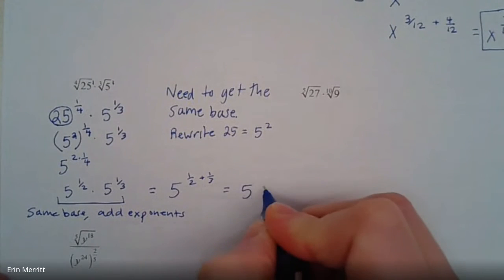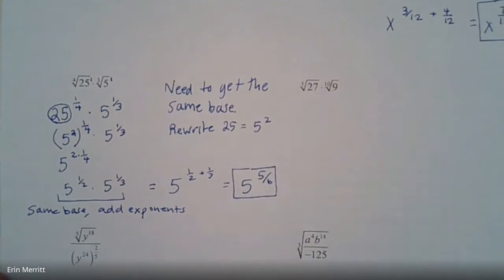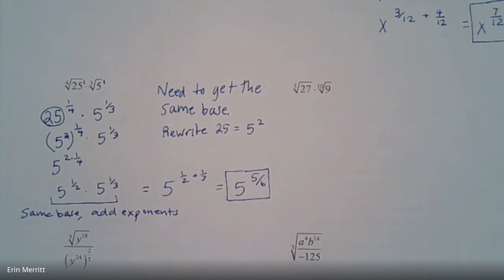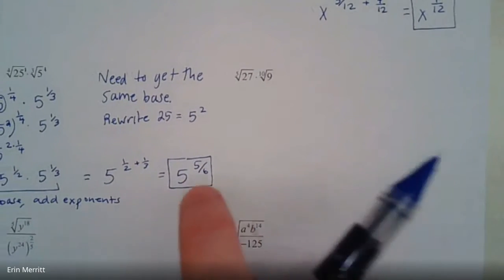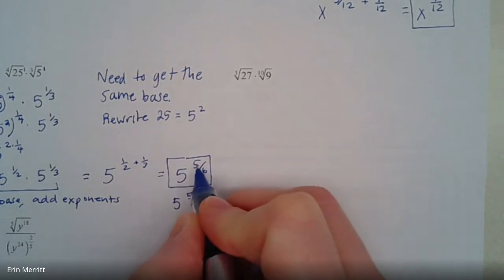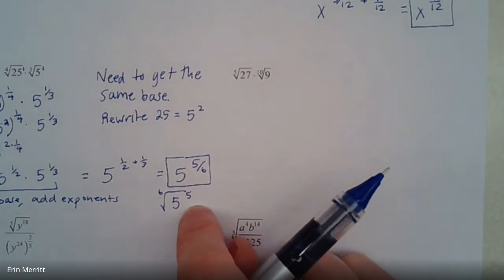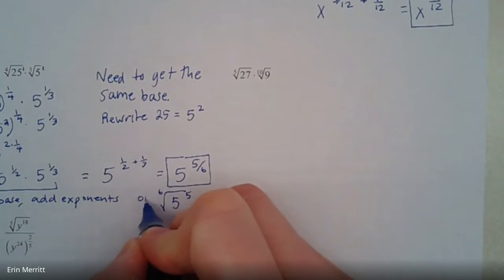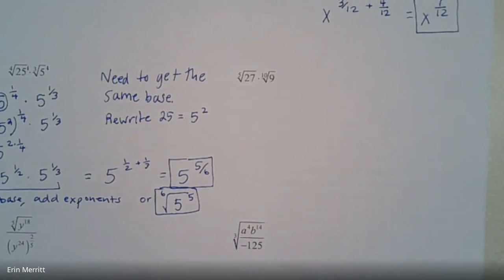So 5 to the 5/6 power. That's it. Now when it says leave the answers in simplest radical form or with rational exponents, let's say it was multiple choice or the direction said only leave it in radical form, you can flip this back and write it as 5 to the 5th power and take the 6th root. So this is equivalent to that. So maybe I can say or that guy. We're practicing going back and forth.